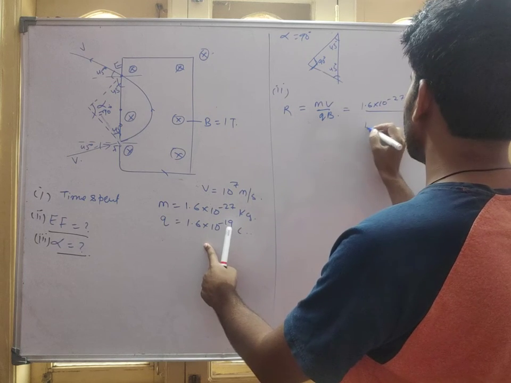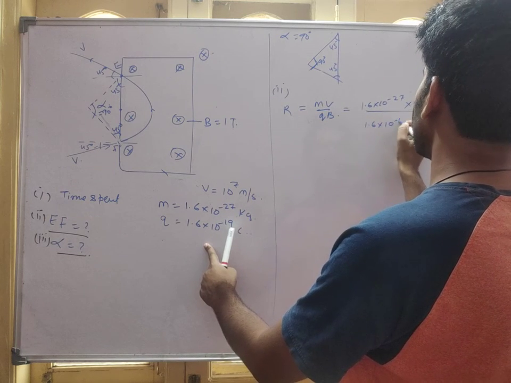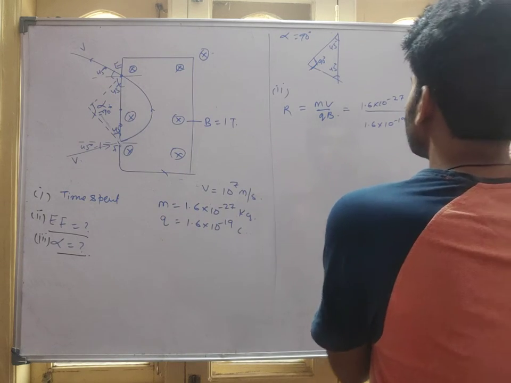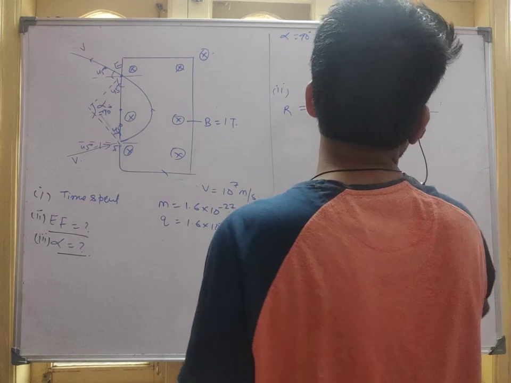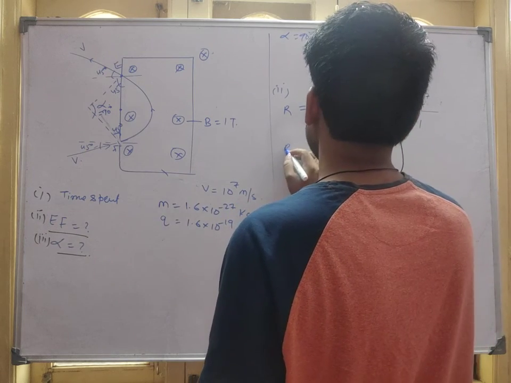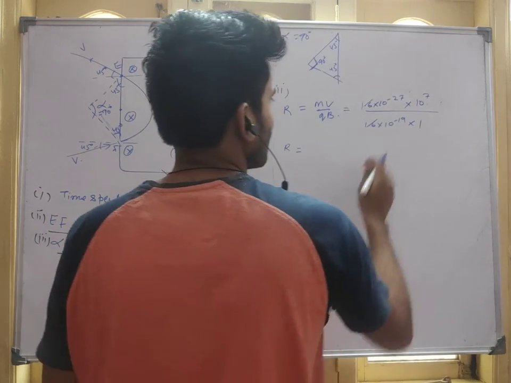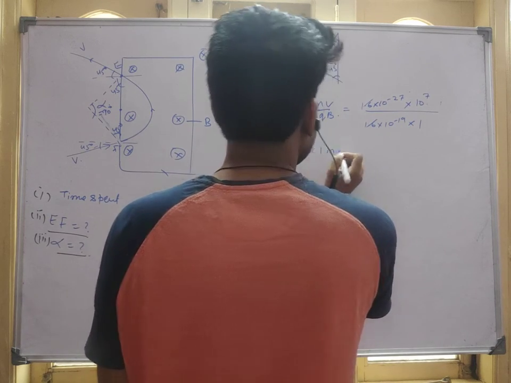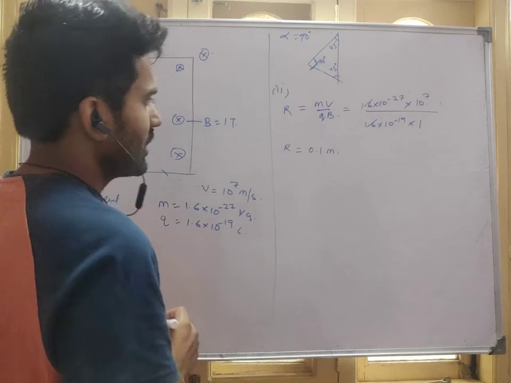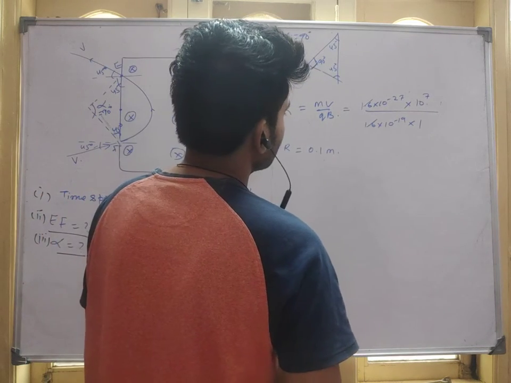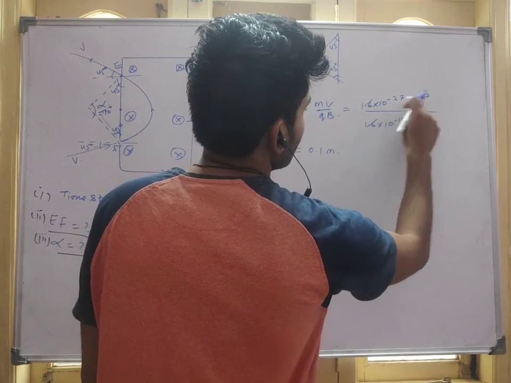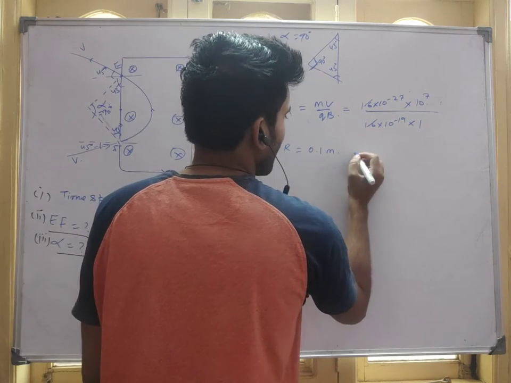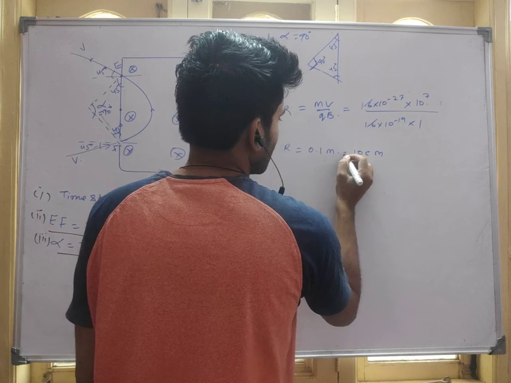What is charge? 1.6 into 10 raised to power minus 19. What is B? That is 1, right? Okay. So 1 cancels. So it will be how much, guys? I think it is 0.1 meter. Am I correct? Tell me, guys. This is 0.1 meter, or we can say 10 centimeter, right?